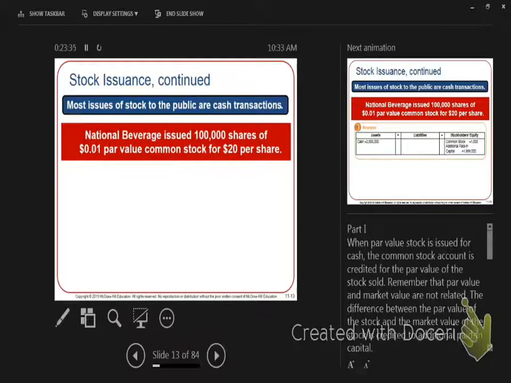And 100,000 times 1 penny is actually 1,000. And the rest is going to go in this wonderful account called additional paid-in capital, which will be 1,999,000.